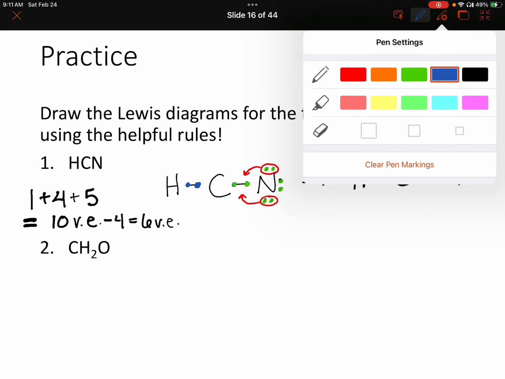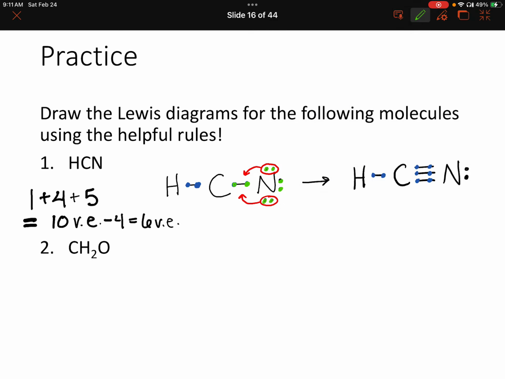And then nitrogen should still be happy because even though we moved its electrons over to share with carbon, it is sharing them. So it still has some ownership over them, right? So nitrogen has 1, 2, 3, 4, 5, 6, 7, 8 valence electrons. So everybody's happy. Okay, so that's our Lewis diagram for HCN.